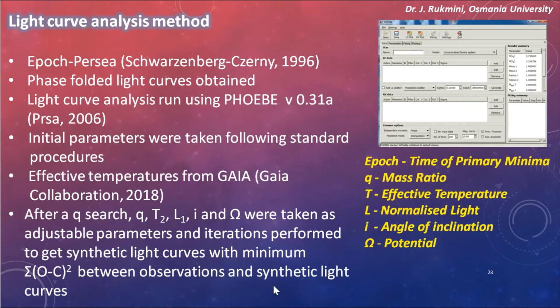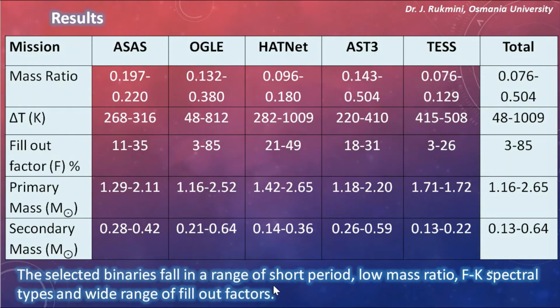theoretical light curve or the synthetic light curve which has been derived should be matching very closely to the observed light curve, and hence the parameters which are estimated during this analysis would be representing the true parameters of the system. This analysis was performed individually on all the 61 totally eclipsing contact binaries, and after the best fit, the results obtained are shown here.